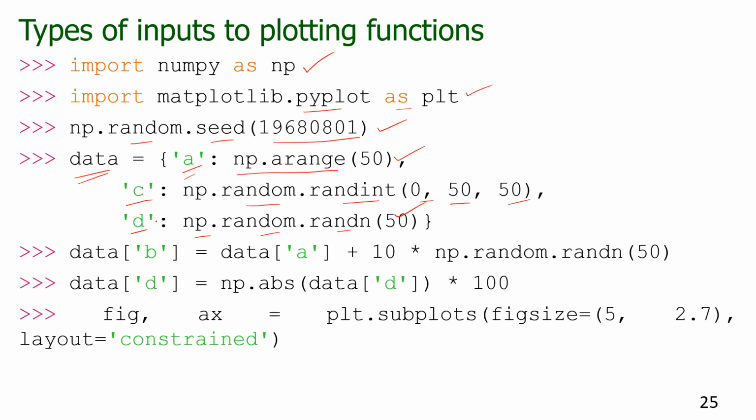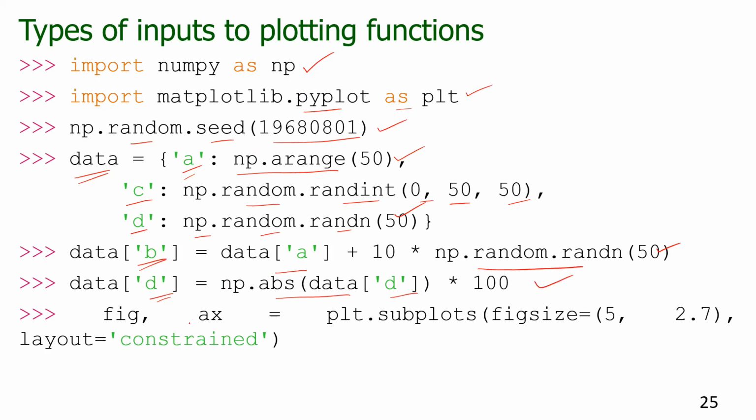Then we are defining data for b equal to combination of data of a plus 10 into np dot random dot randn 50. Then data of d, we are defining np dot absolute of data of d into 100.